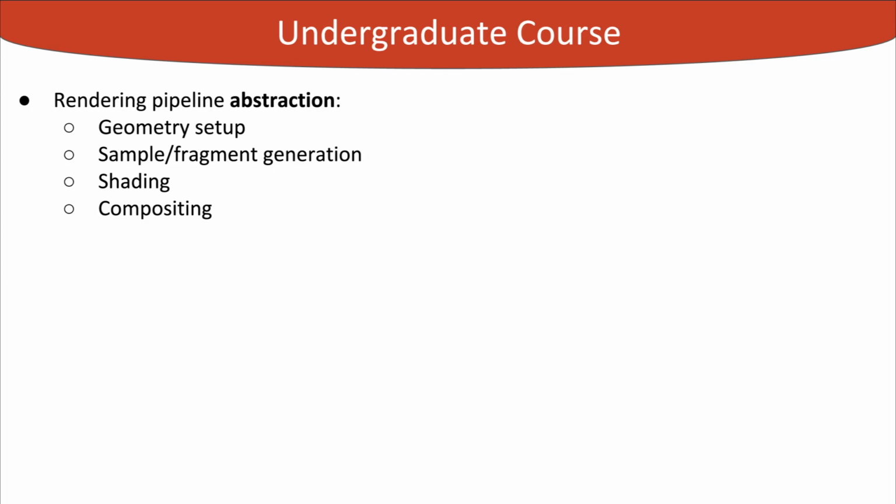For the undergraduate course structure, to facilitate the inclusion of a new tool alongside a standard rasterization-based framework, we abstracted the rendering pipeline. We divided it into 4 generic stages: geometry setup, sampling or fragment generation, shading, and compositing, so that they could be independently mapped to rasterization or ray tracing accordingly.